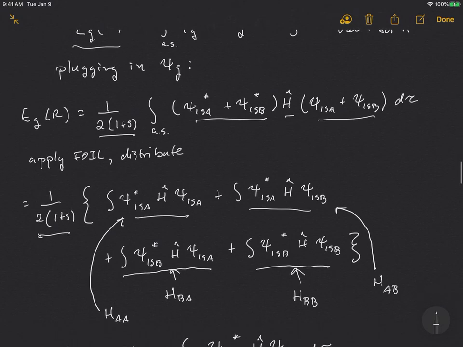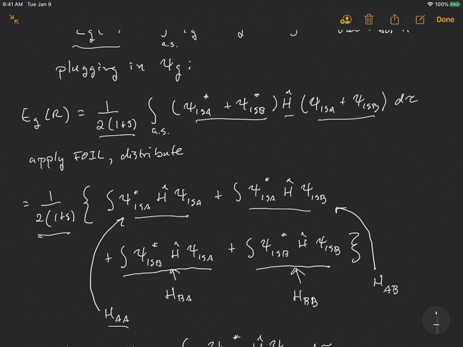And then we're going to introduce this shorthand. We're going to call this first integral here HAA. Notice we don't have a caret on the H anymore. This is just going to be a constant that we're going to calculate, and we'll call that HAA. It's a piece of the expectation value for this Hamiltonian.